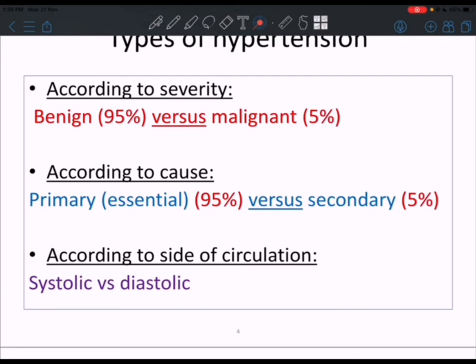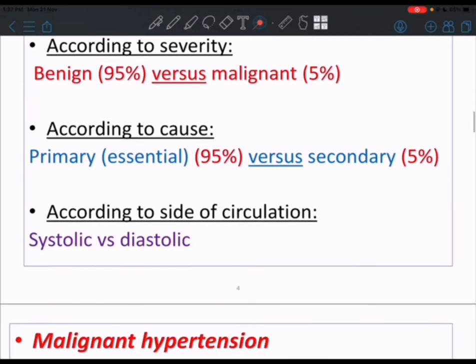The cases of hypertension where we do not find an underlying cause we call primary, essential, or idiopathic hypertension. These three names mean the same thing. The word idiopathic means unknown etiology. Yes. Another way to classify hypertension is according to whether it's systolic or diastolic hypertension.